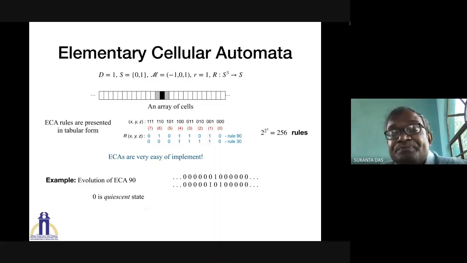However, the left cell as well as the right cell of the middle cell become 1. Why? You can get the reason from the table.